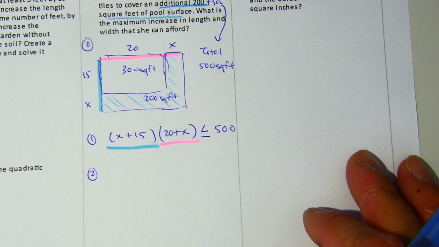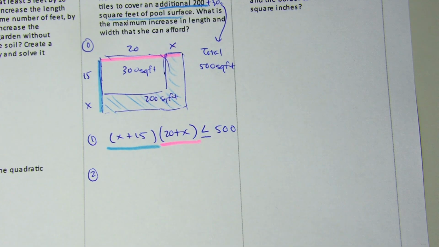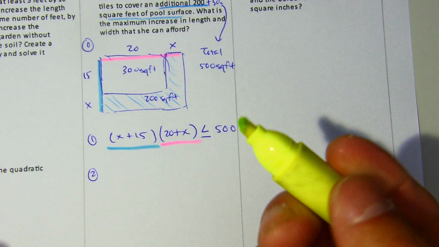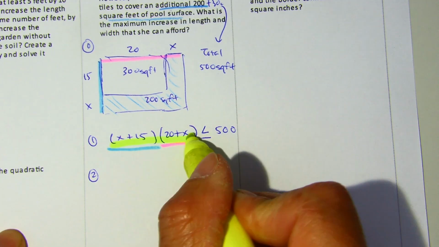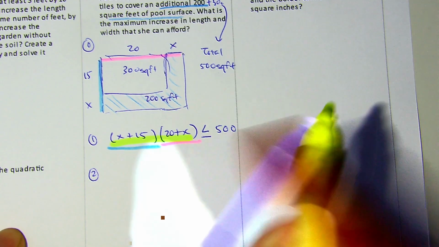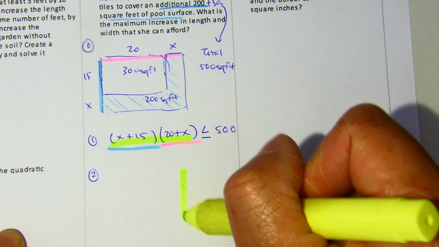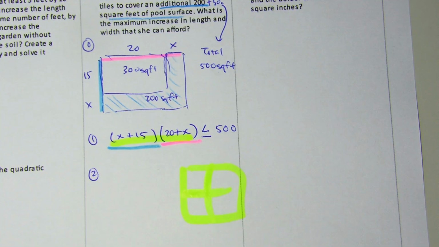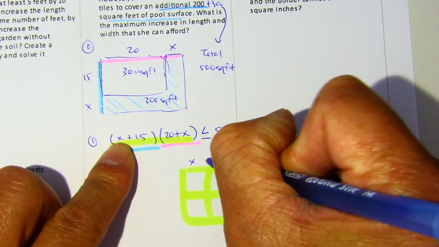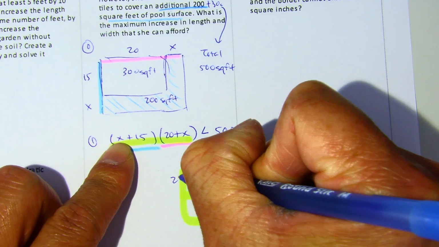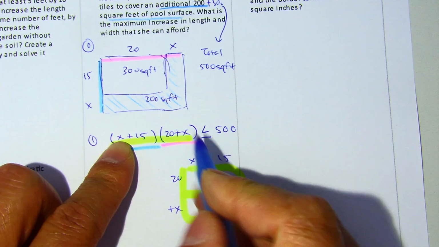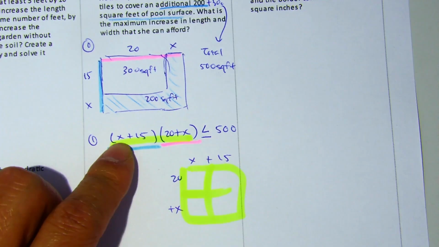So what I'm going to do here, let's use yellow. I'm going to multiply these two using the box. Remember, 20 plus x is the same thing as x plus 20. I'm going to go ahead and multiply these.